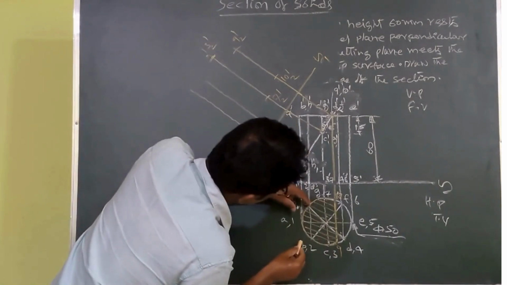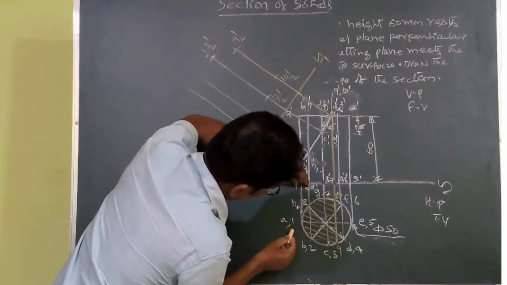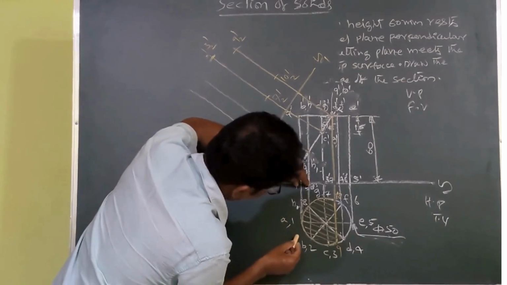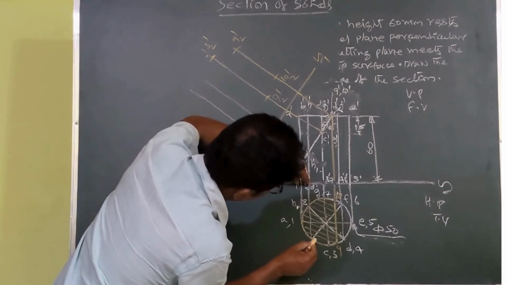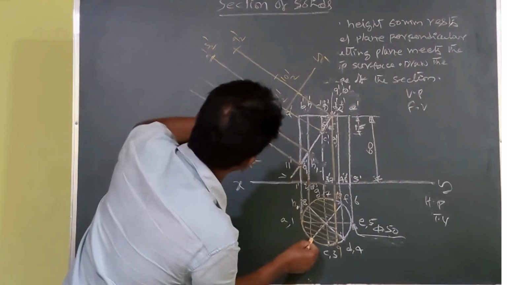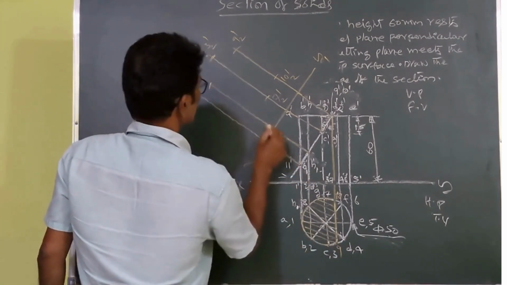Next, this is the line cutting. So 2 dash as a point, and 2 dash and 2 as a radius. This is a center. You cut this line.